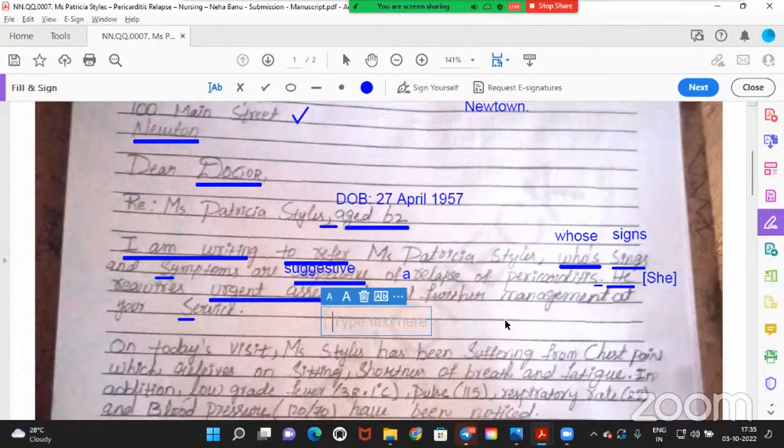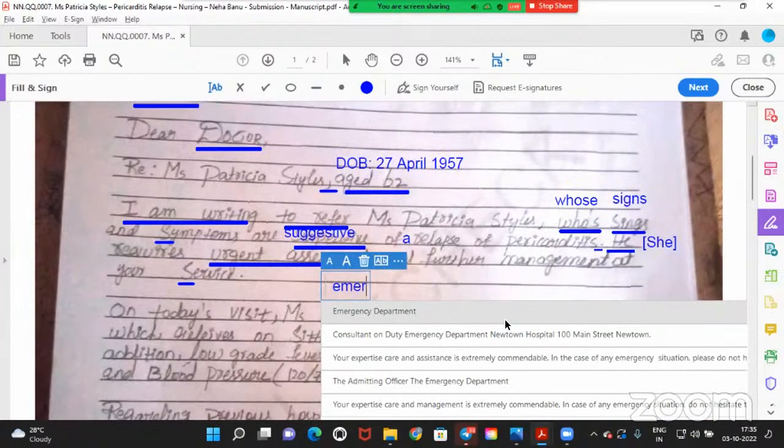Okay. Requires emergency assessment, emergency evaluation, or immediate evaluation. Assessment, evaluation, and another word is examination.